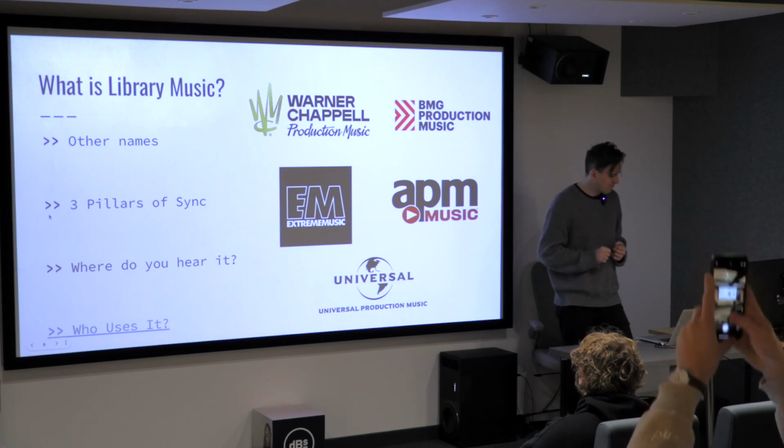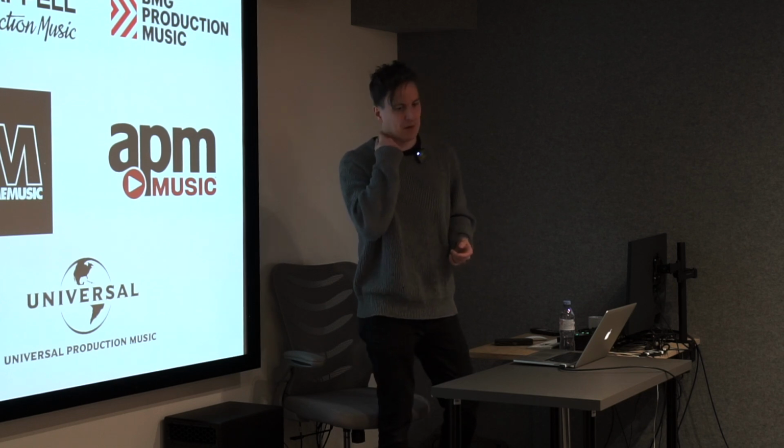So when we want to synchronize a piece of audio to picture, for example, let's say it's a TV show that we're working on and we need a piece of music for it, there are kind of three ways we can do that, or three pillars of sync, if you like. The first pillar would be to use a commercial track.